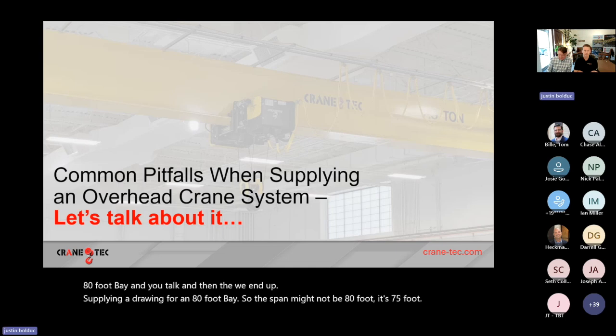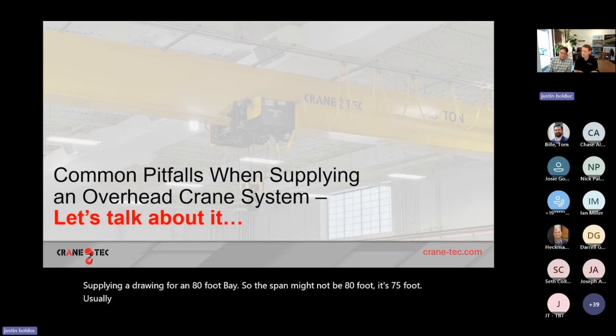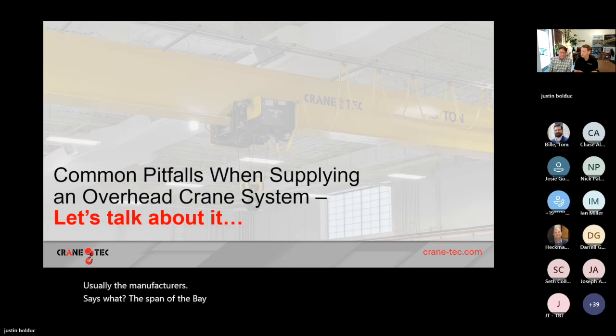Usually the manufacturer says what the span of the bay is going to be. Yeah, there's absolutely a dance there between the crane manufacturer and the building manufacturer to fit that crane system inside. A lot of that has to be worked out even at a preliminary design level. So again, communication is key here.